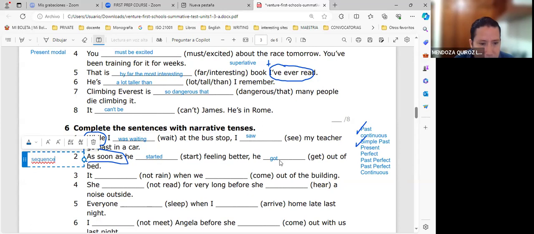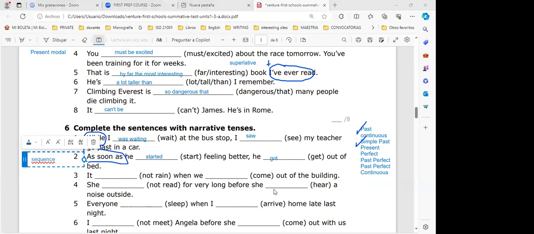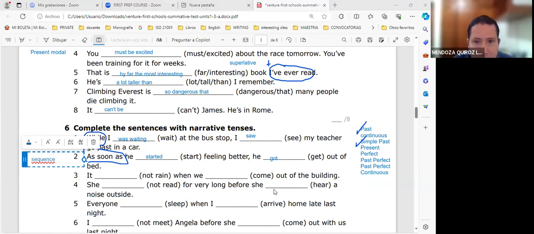Number 3, Mario. It was not raining when we came out. Yeah, repeat please.